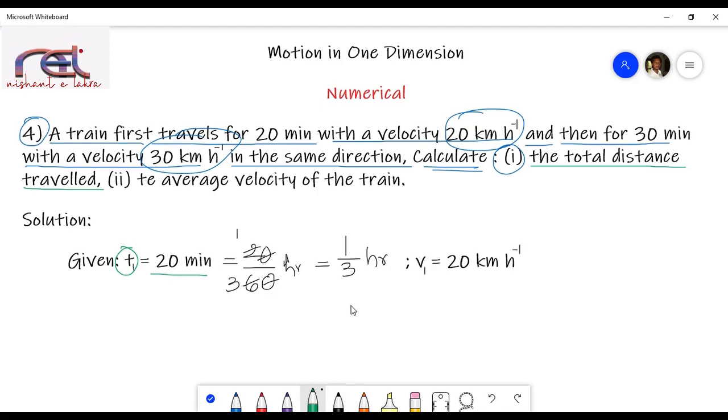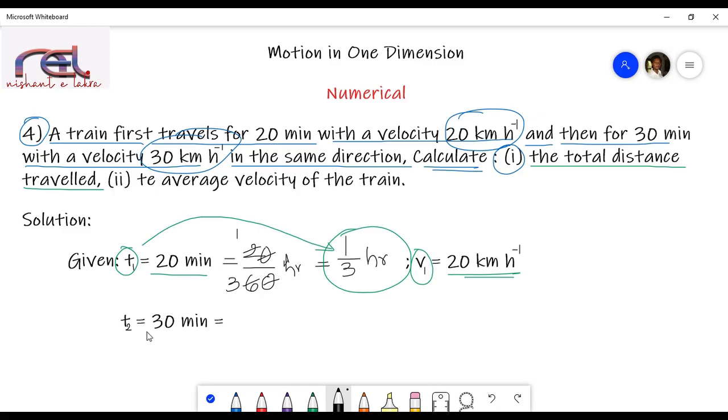We will mention it as the first phase of time and first phase of velocity, t1 and v1. The velocity is 20 km per hour. Now let's see the second phase of traveling. t2 is 30 minutes, so we have to convert this minute to hour by dividing it by 60.